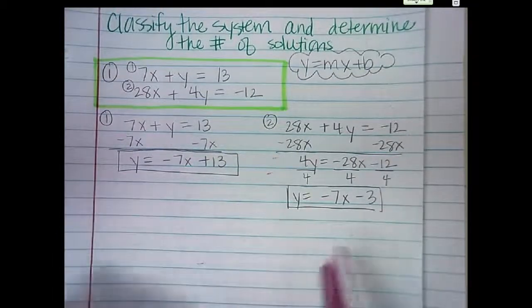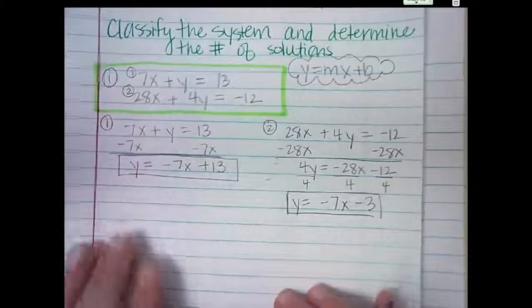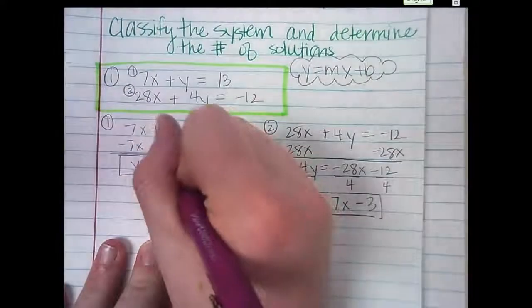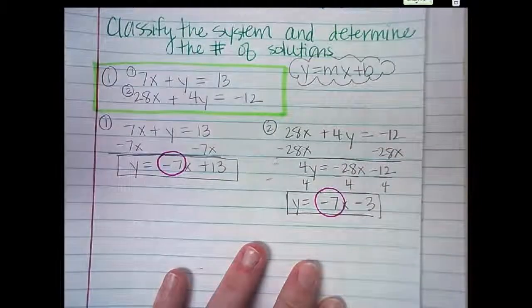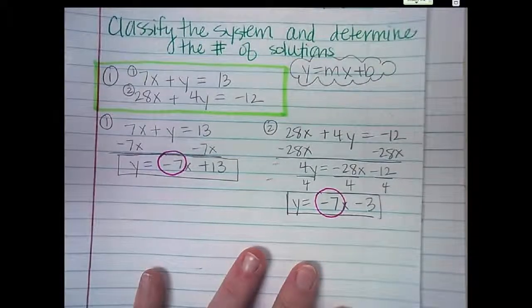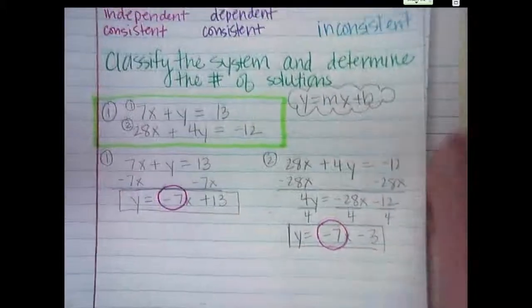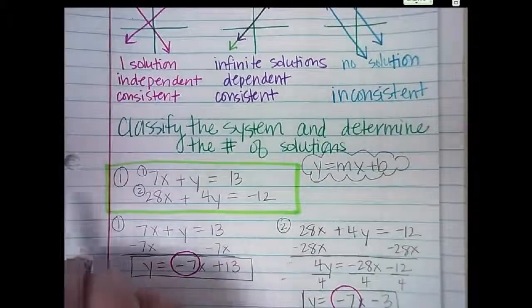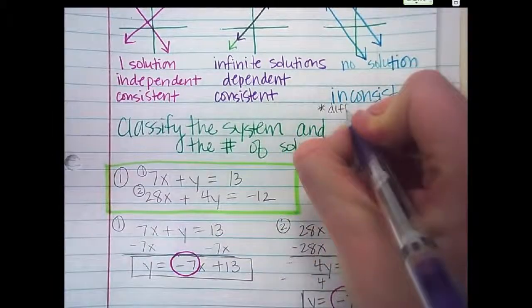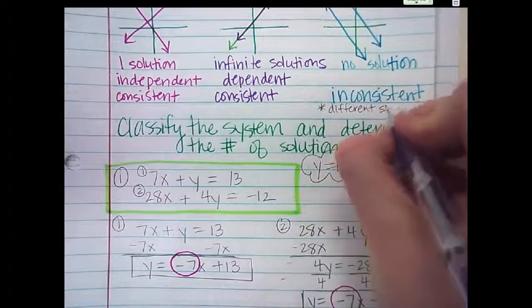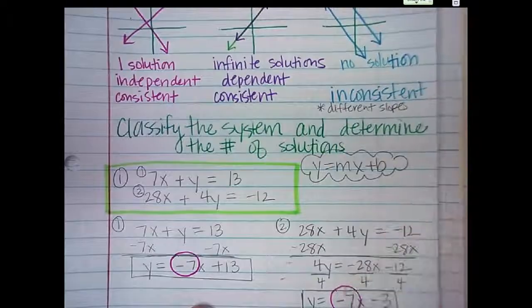So when you look at these two equations, what's the first thing we want to look at? Slope. So I have negative 7 and negative 7. Any ideas as to what this might be? No solution. So I'm going to go back up here for 1 second. Under this one here, no solution, I want to write different slopes. Sorry, I forgot to say different slopes.